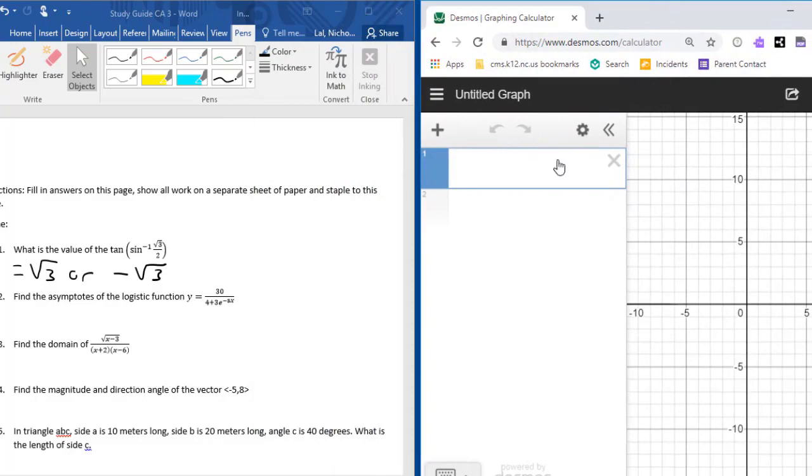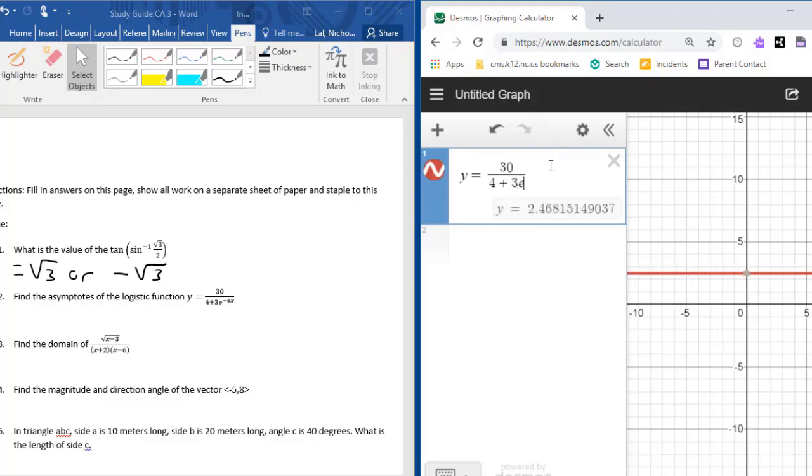So the equation here is y is equal to 30 over 4 plus 3e to the negative 3x, okay? And we see it's called a logistic function.